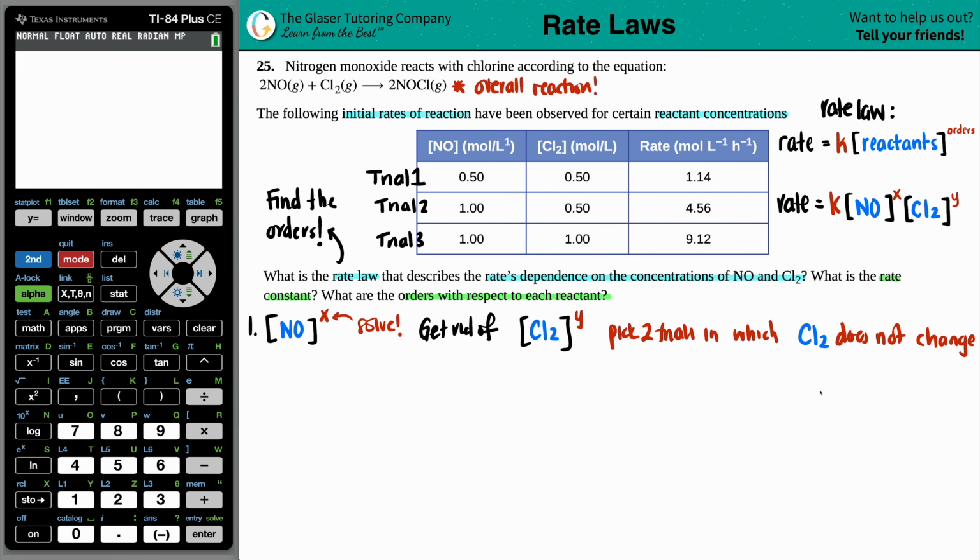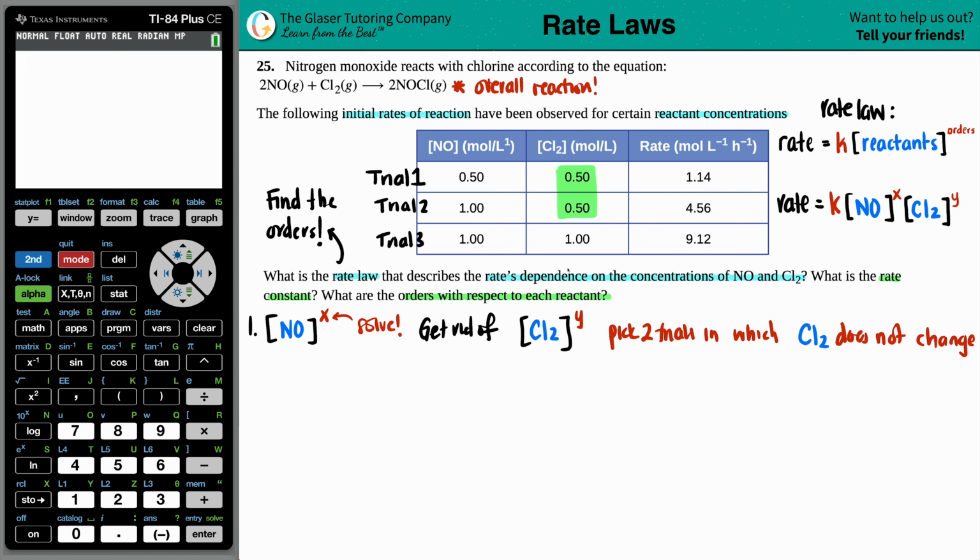So we're going to pick the 2 trials in which Cl2 does not change. I look at my 3 trials, and I go down the list, and I have to pick the 2 trials in which the chlorine, the Cl2, does not change. And that is trial 1 and trial 2. If we can cancel this out because they're exactly the same, then this whole variable goes bye-bye.